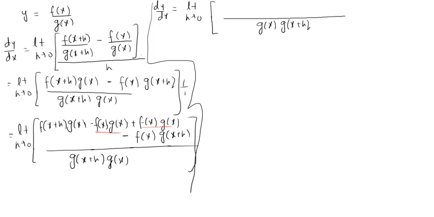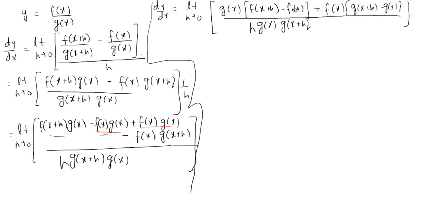From the first two terms we can take g(x) common, so it will be g(x) into f(x+h) minus f(x), plus from the second two terms we can take f(x) common, f(x) into g(x+h) minus g(x).